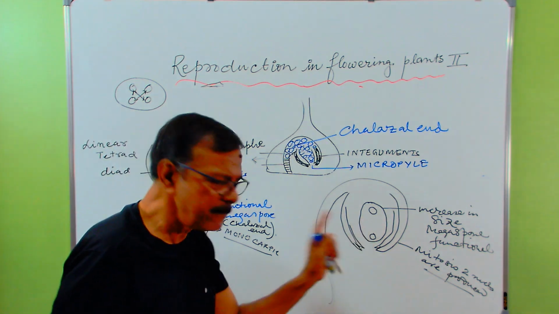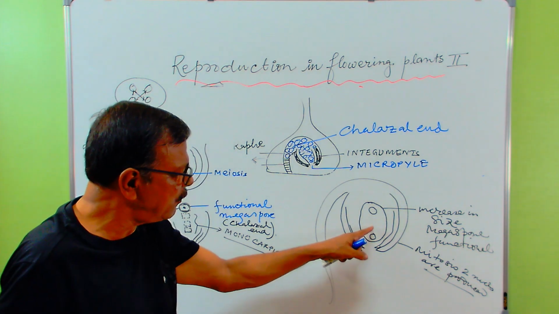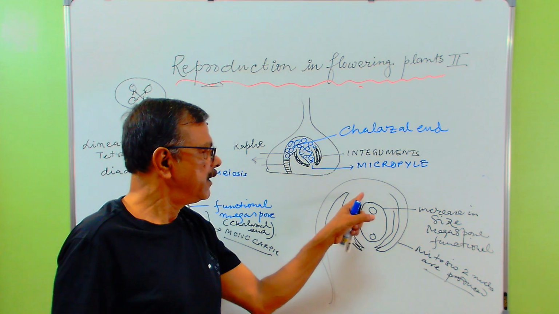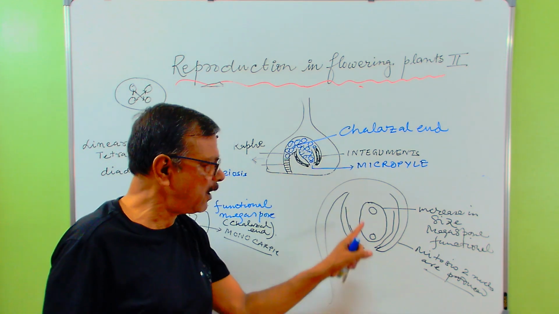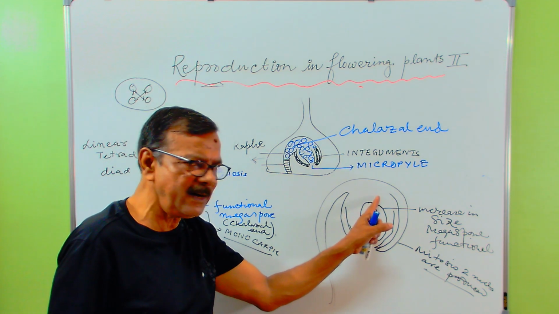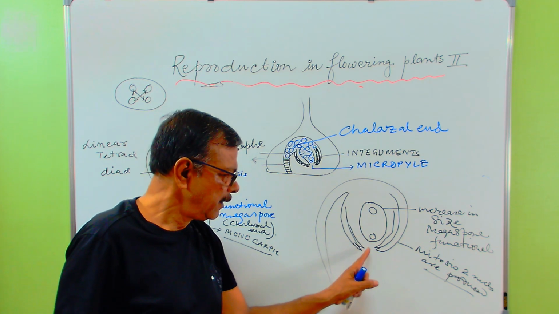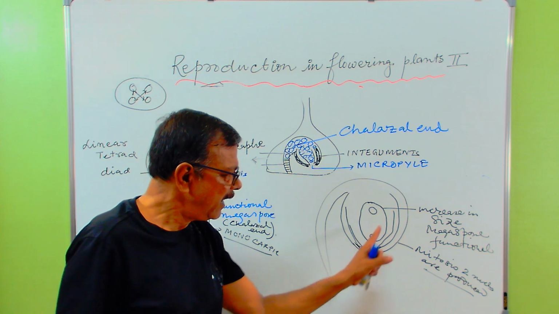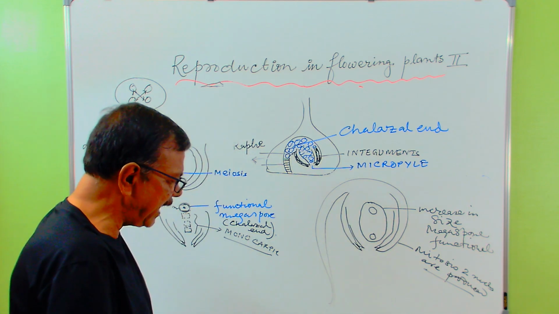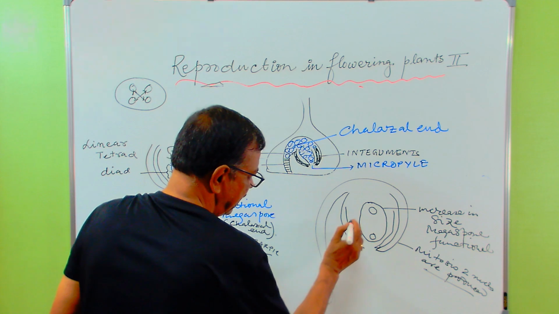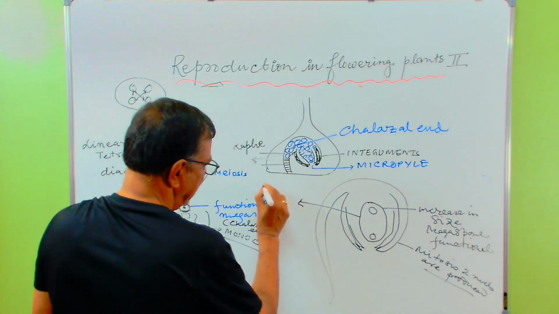So two nuclei have been produced, clear? And they go to their respective poles. This is north pole, this is south pole, or you will say this is chalazal end, and another one goes to the micropylar end. And this is known as embryo sac. Clear? Write it. Embryo sac.